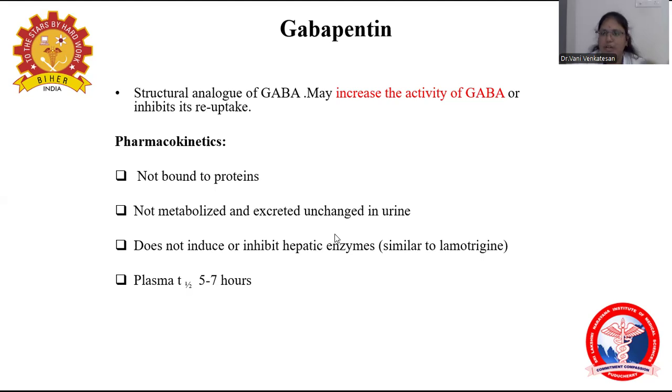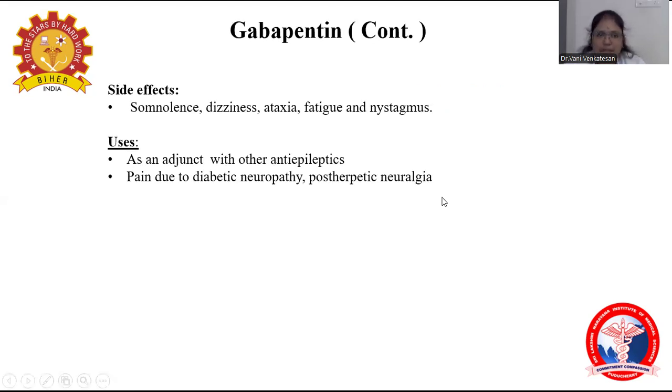It doesn't inhibit or induce the drug metabolizing enzyme, that is your cytochrome P450 enzyme. So this can be used as an additional drug of choice with a first line drug, with a plasma T-half of 5 to 7 hours. The side effects of gabapentin include somnolence, dizziness, ataxia, fatigue, nystagmus.